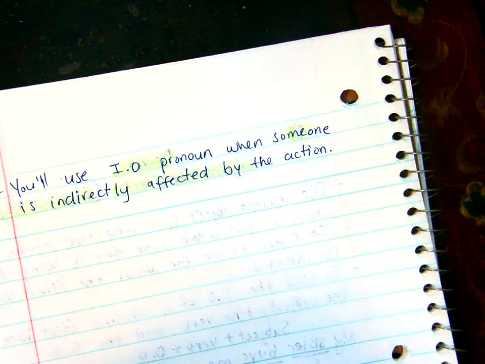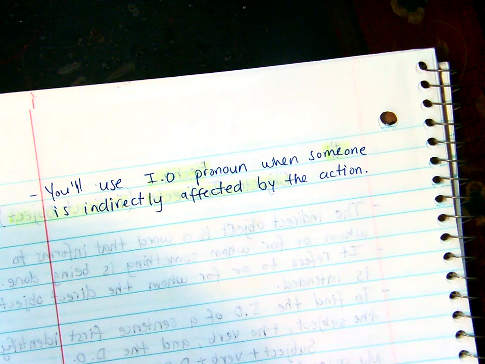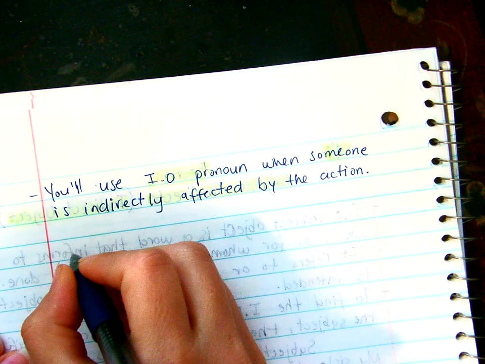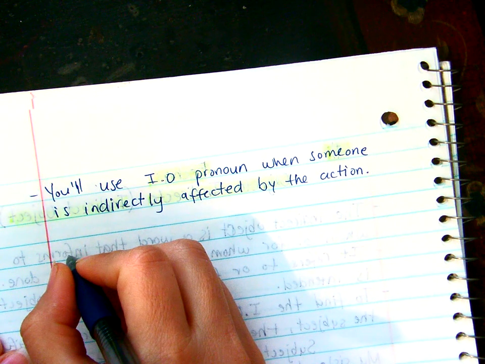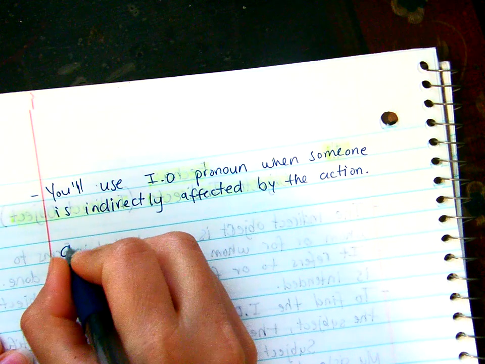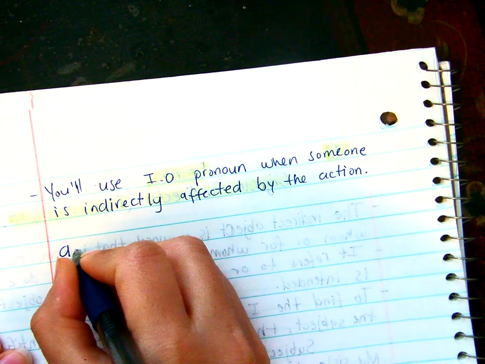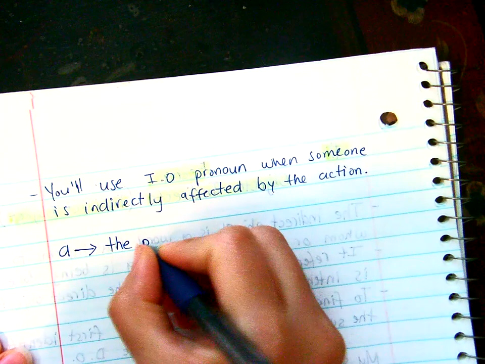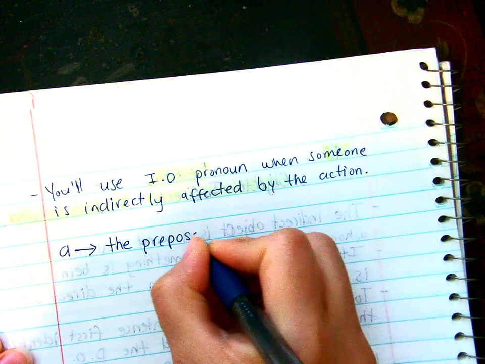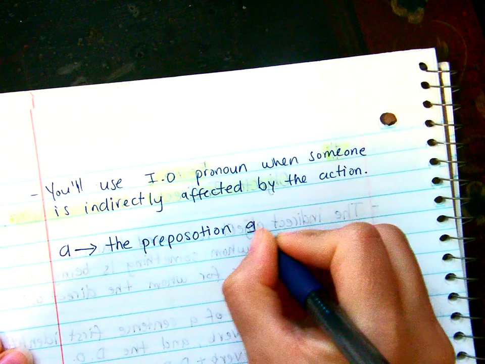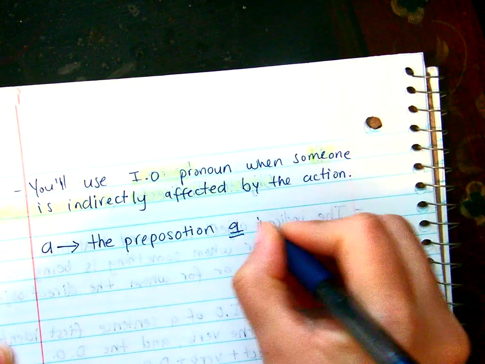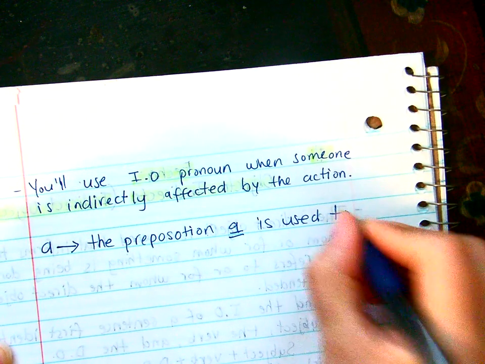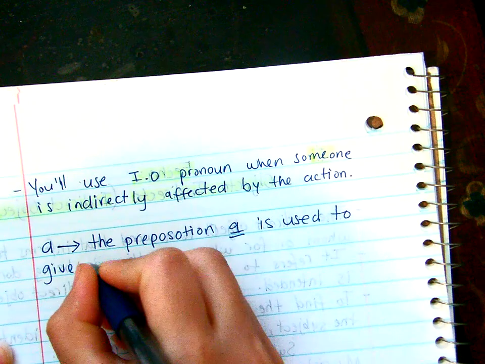Now, there's a few things you need to know about the pronouns, okay? Sometimes you're going to use the preposition a, remember? The preposition a, it's used to give emphasis.